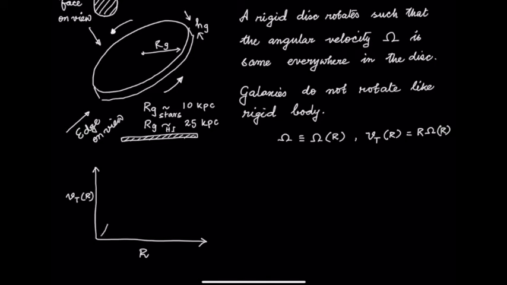For a typical galaxy, it will rise initially, and what do you expect to happen after the initial rise? Why is it rising initially? So this is about, say, 10 kiloparsec. It is rising initially because as you go outwards, you include more stars.